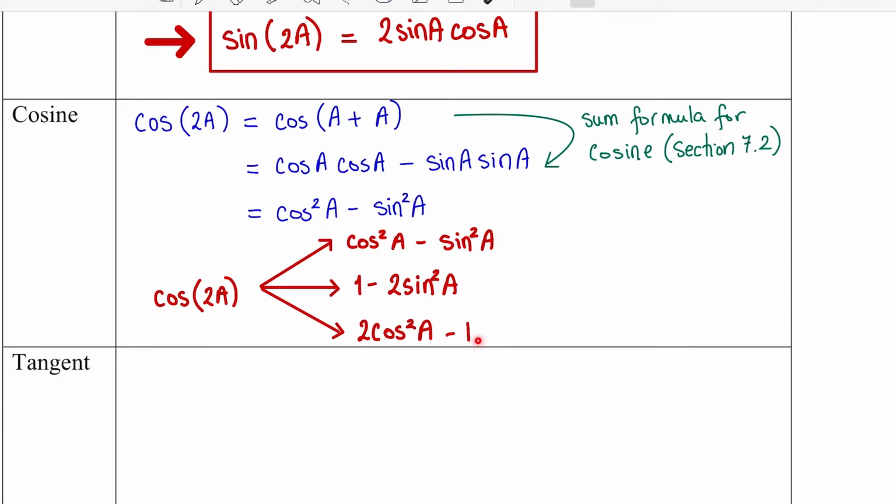These are all equivalent. You can use any one of these.